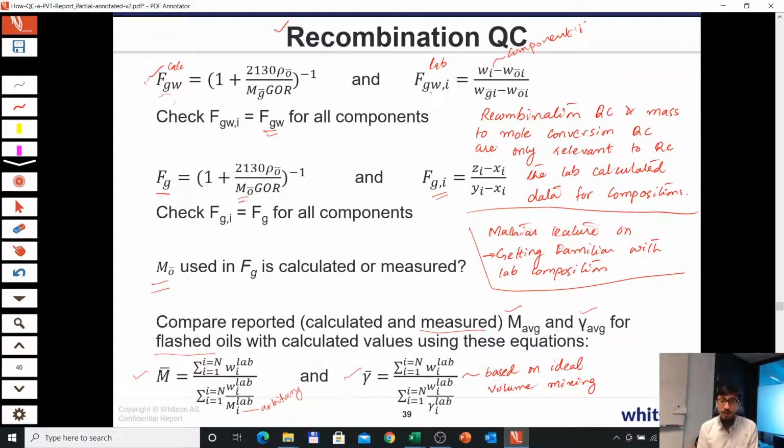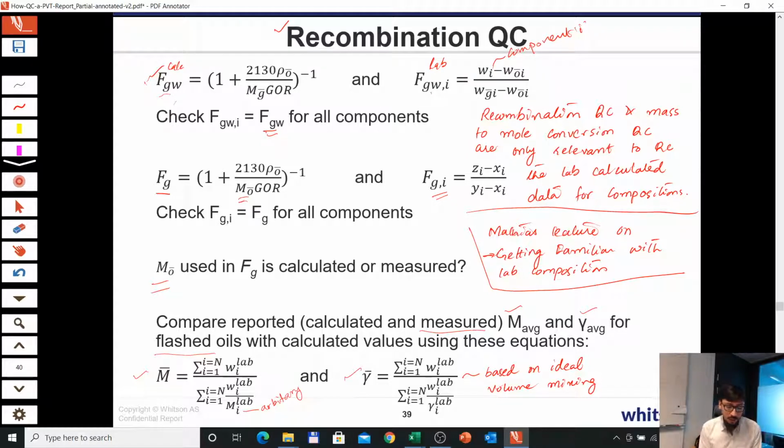That's what ideal volume mixing is, and that's the basis of this equation. Generally, ideal volume mixing is accurate for flash oil, where you don't have a lot of lighter components like C2, C3, C4.